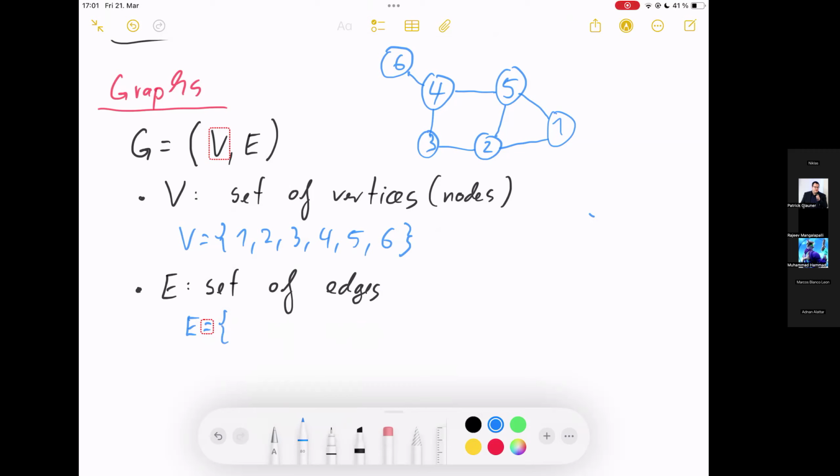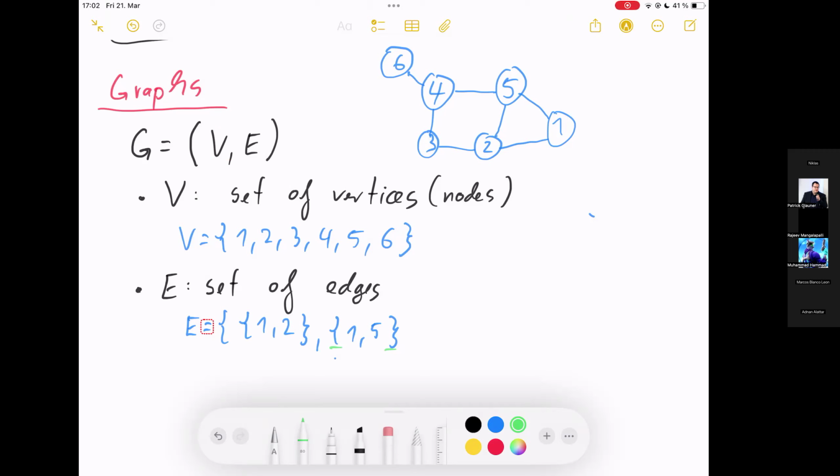And we can say E is a set, and this set contains something. And the set contains now subsets. Because we have 1 and 2 connected, and we have 1 and 5 connected, but these are sets again, because 1 and 5 are connected, which is the same as 5 and 1 are connected, because there's no direction.